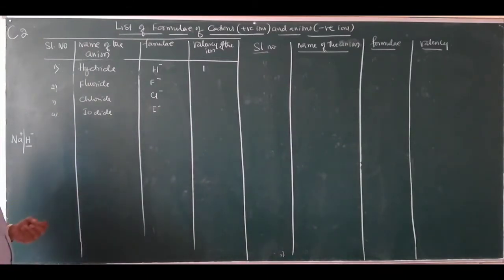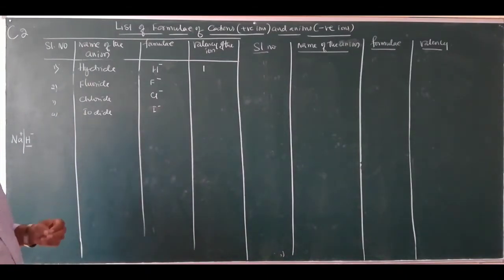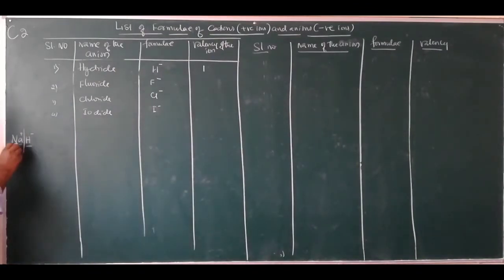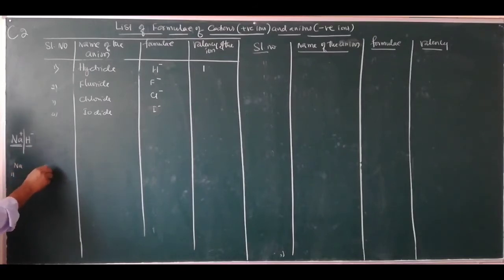When positive charges are produced on an ion, how are negative charges produced on an ion? I will tell you just one example. Sodium. What is the atomic number of sodium? Atomic number of sodium is 11. In an atom there is a nucleus at the center and electrons revolve around the nucleus.